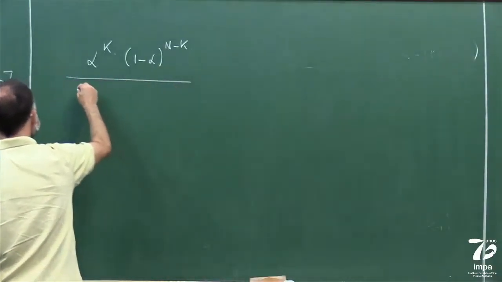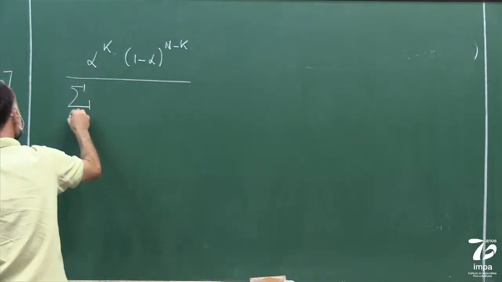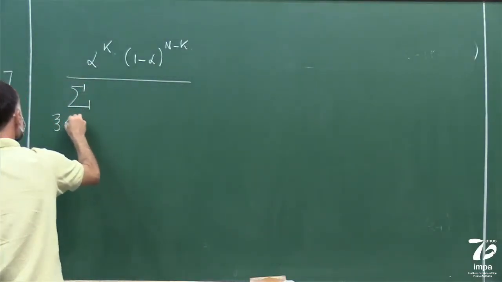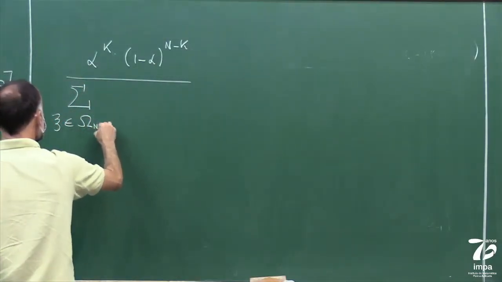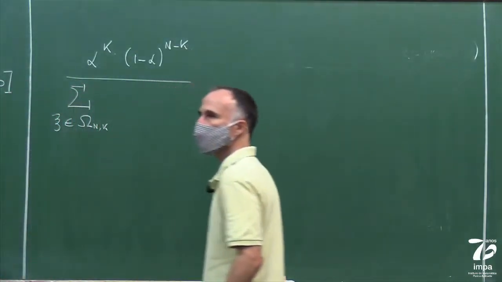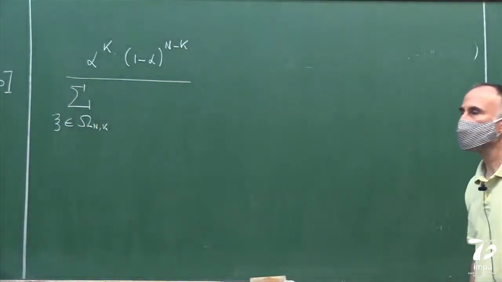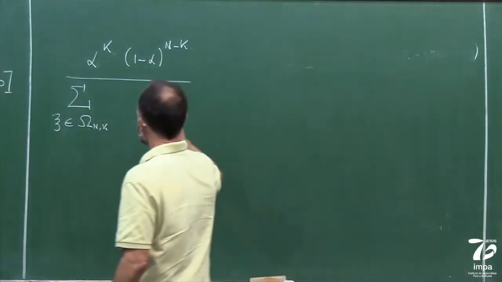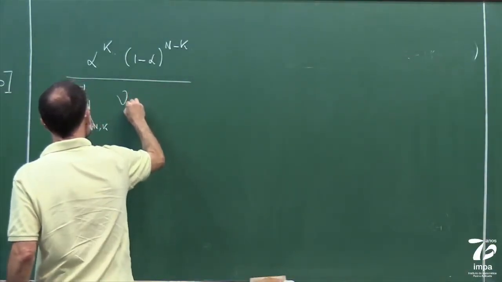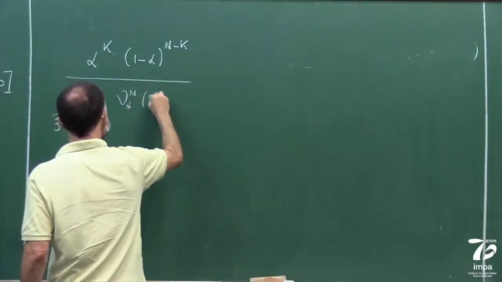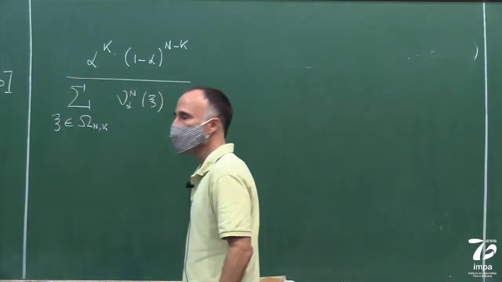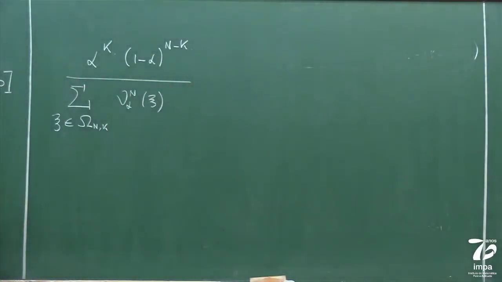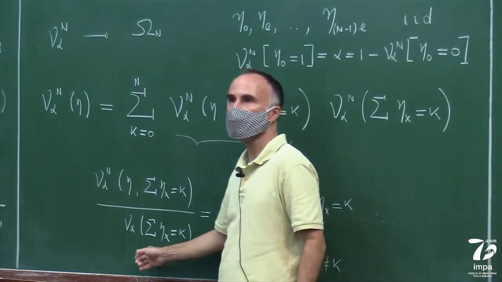And the denominator is the sum for all psi which are in the set of configurations with k particles of nu alpha n of psi. Okay, so what is the probability that I have k particles?